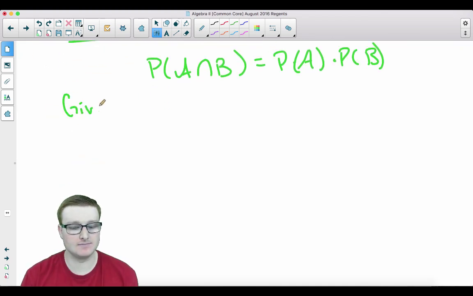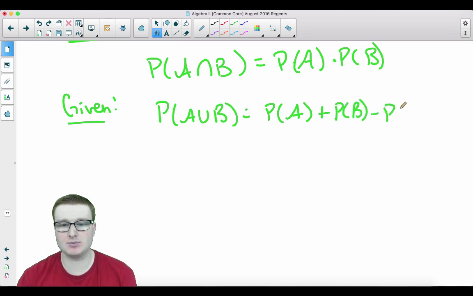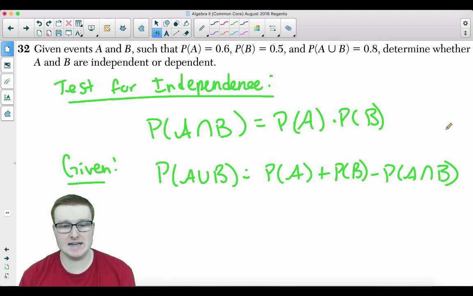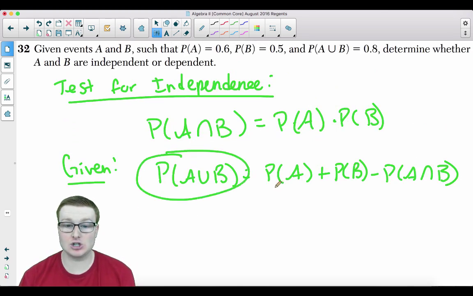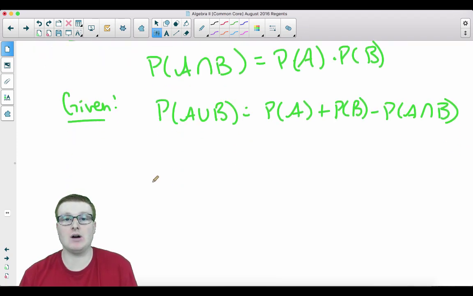The probability of A union B is equal to the probability of A plus the probability of B minus the probability of A intersection B. So what I just did is write out this formula in terms of this. You need to know that the test for independence is this, and the union set can be written in this form.